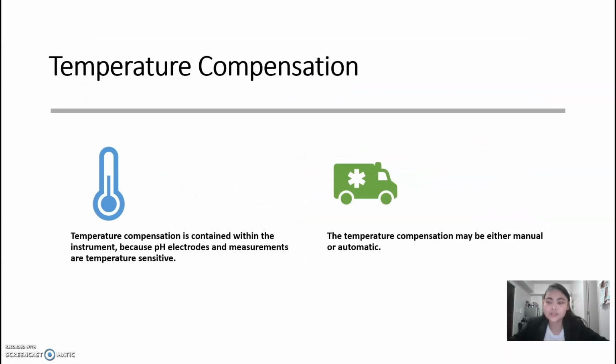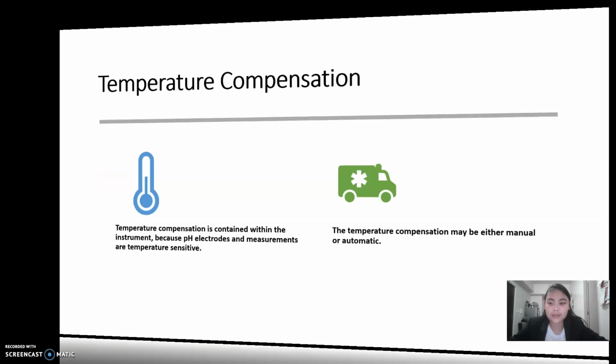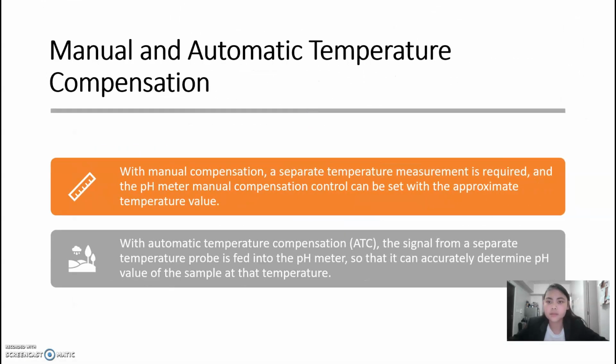Temperature compensation. Temperature compensation is contained within the instrument because pH electrodes and measurement are temperature sensitive. The temperature compensation may be either manual or automatic. Manual and automatic temperature compensation.